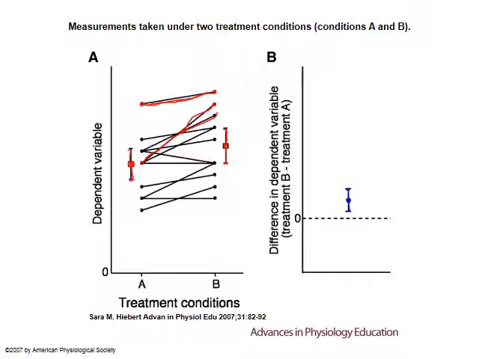What this suggests is there is an effect of treatment, and that you have to take into account some of that individual variation by subtracting out the difference within each individual. So this shows you the power of using a paired design or a within subjects design.